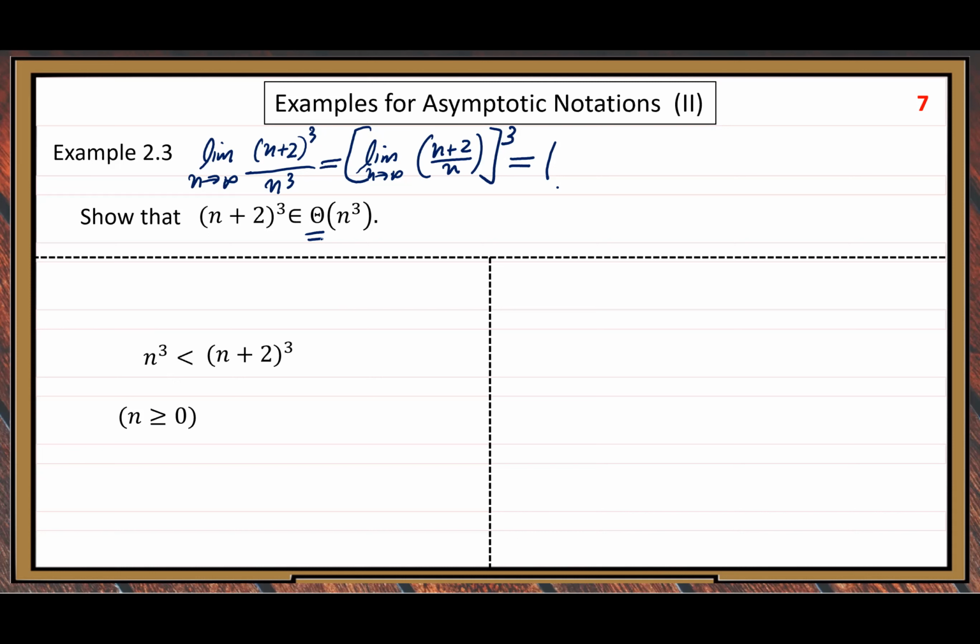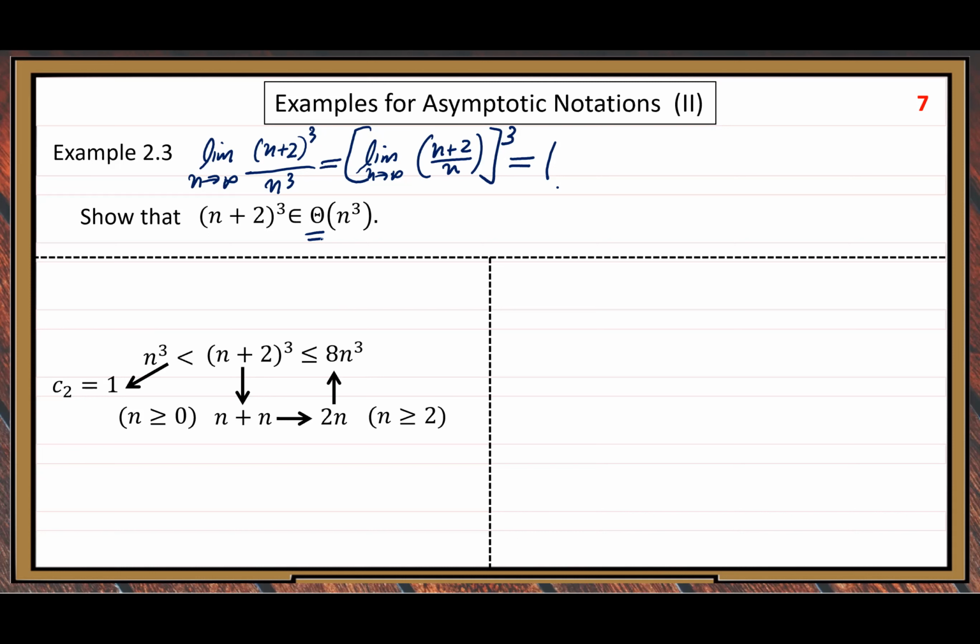Then the upper bound, we do similarly. Here, the upper bound, n plus 2. We replace n plus 2 by n plus n, because when n is greater or equal to 2, we can do this. So that is 2n.